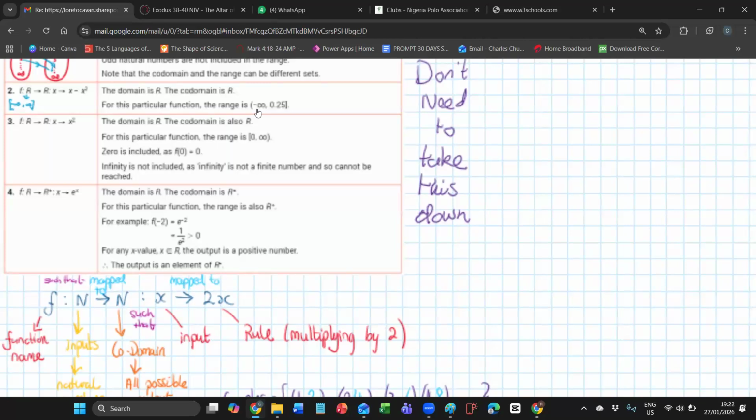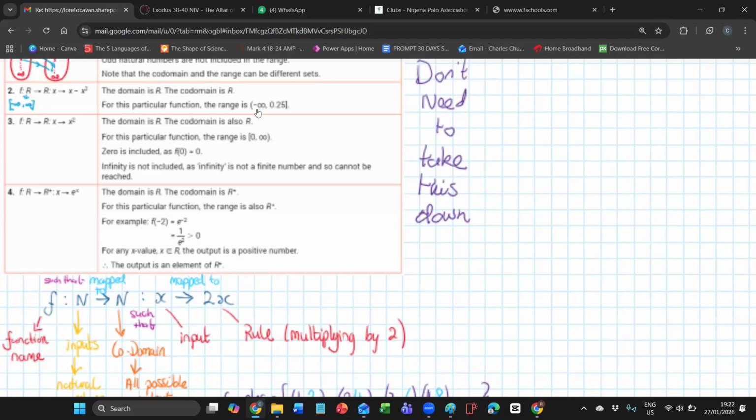Let me be sure what is really going on there. X squared. Why is it 0.25? From negative infinity to 0.25.